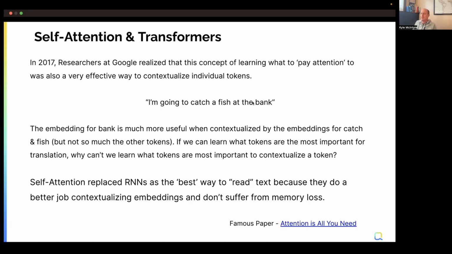So we took this concept of attention that really helped translation systems get better, and we applied it just on one text as a way to read that one text even better, where each token in the text now was contextualized by all the other tokens in the text, and that was self-attention.